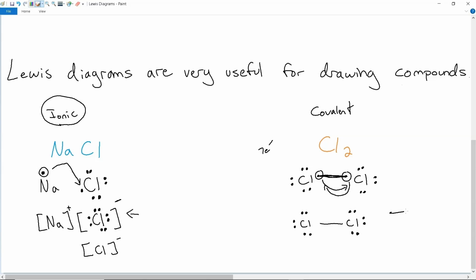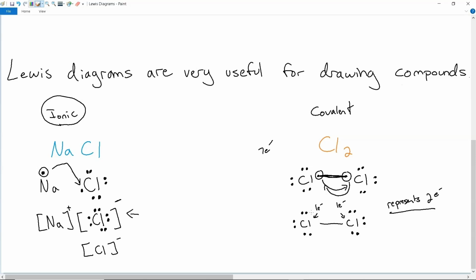The line that I've drawn represents 2 electrons, but in terms of the individual atoms, it represents 1 electron being shared from here and 1 electron being shared from here.